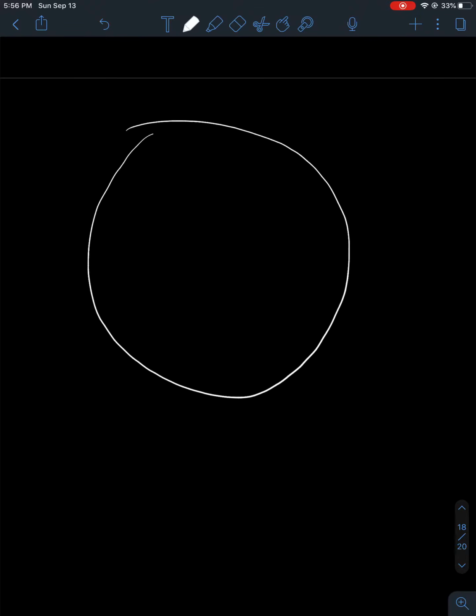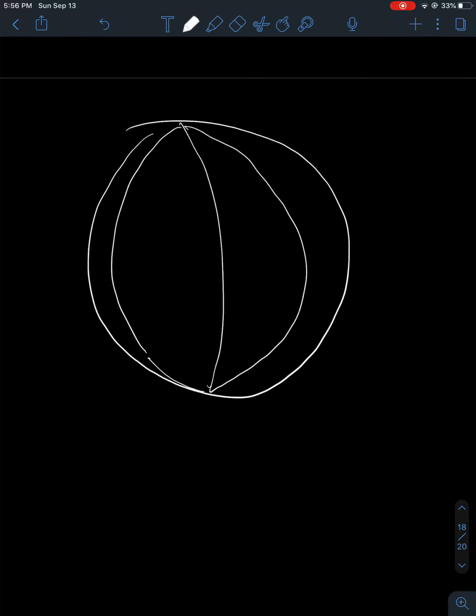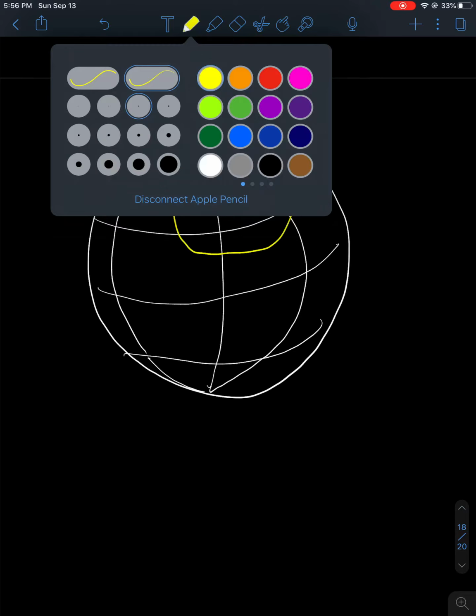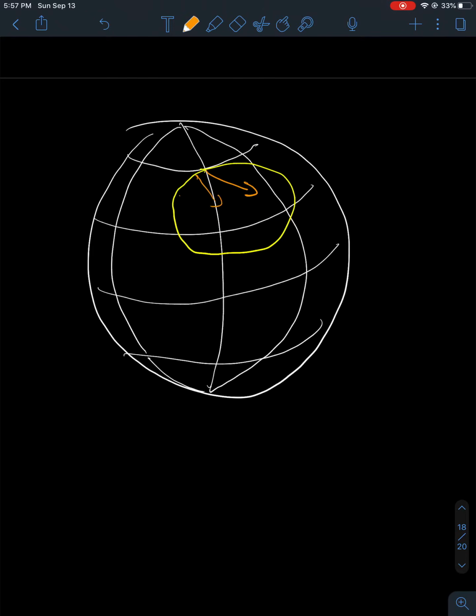Well, if I have some space, like a sphere, for example, or a basketball, excuse my terrible artistic skills, but if I had some sphere and I had a vector attached to it, if I were to move this vector around in this closed loop, it turns out that for the vector to stay on the sphere, the vector would need to change its direction.